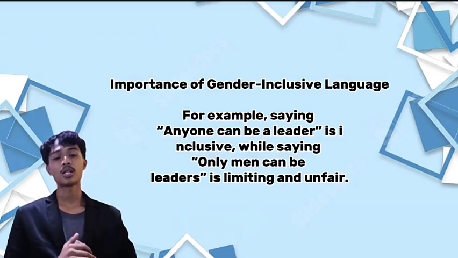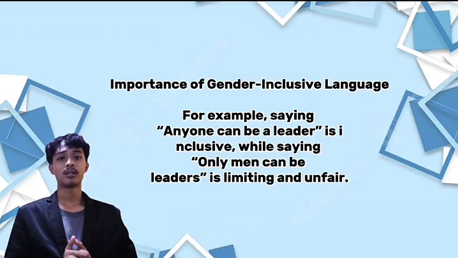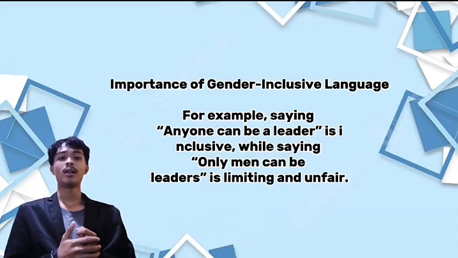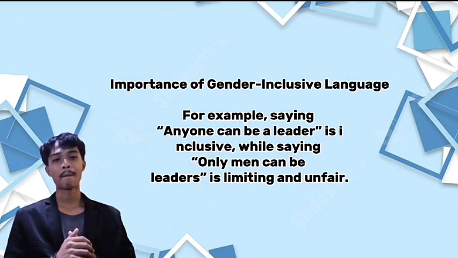It encourages equal opportunity. But the second sentence suggests that only one gender is capable, which creates inequality. So the way we speak can influence how people think and feel. Inclusive language helps us build a more respectful and fair environment.